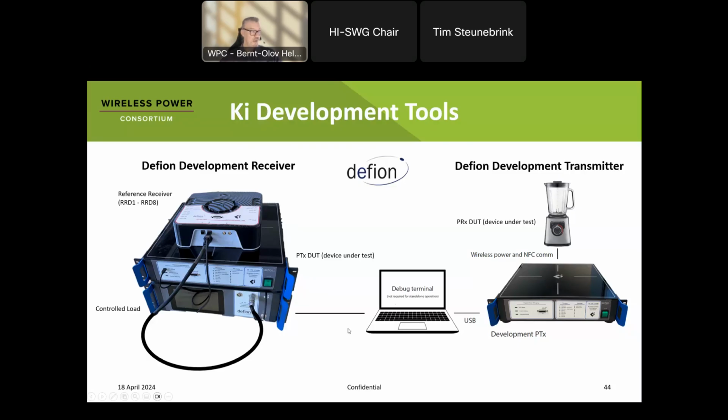And also now they have developed a development receiver. It is this box you put on top of the transmitter. And it also has a box of supporting electronics. So this one is definitely useful if you are developing a transmitter, or a combination, of course.